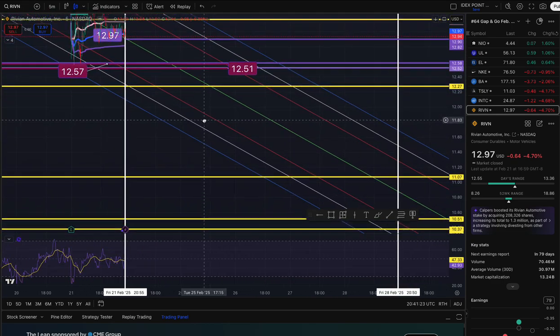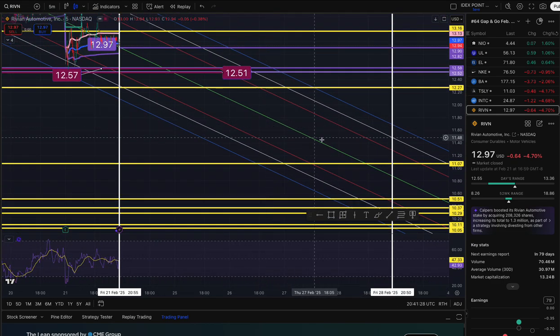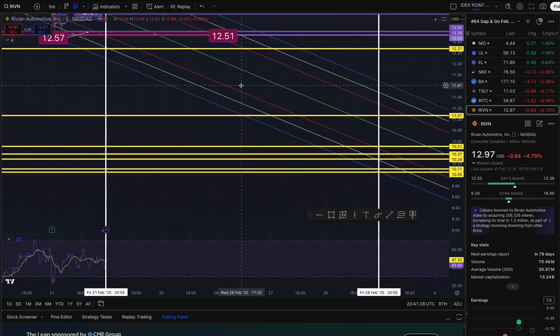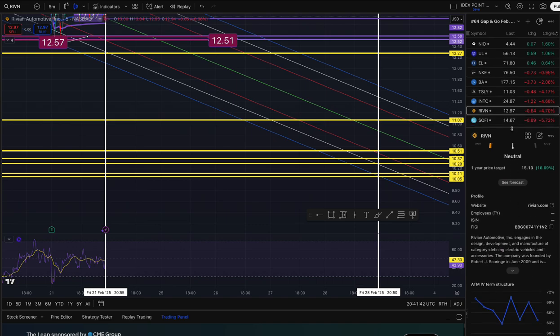But if we continue to go down, which is not likely, there will be a bounce up somewhere, but 1088 to the south side, 1047, and then there's 1170 to the north side. The 1-year price target is 1513.